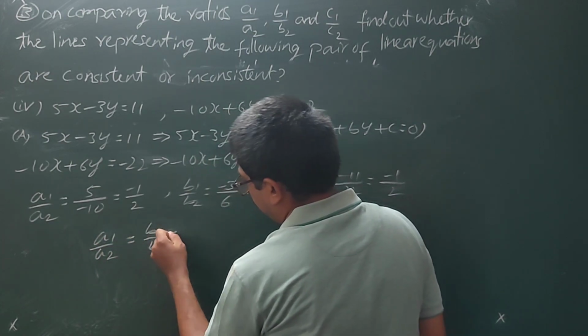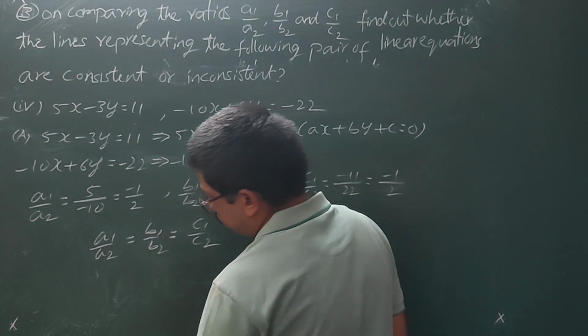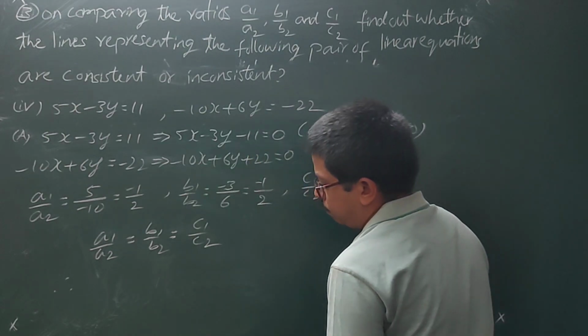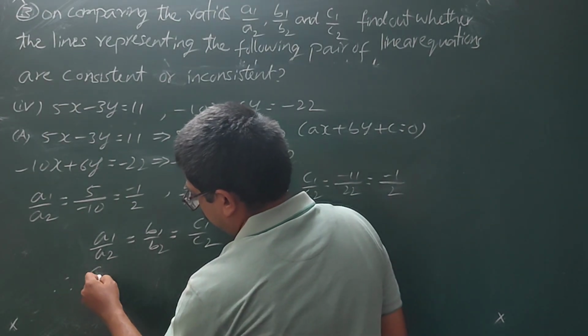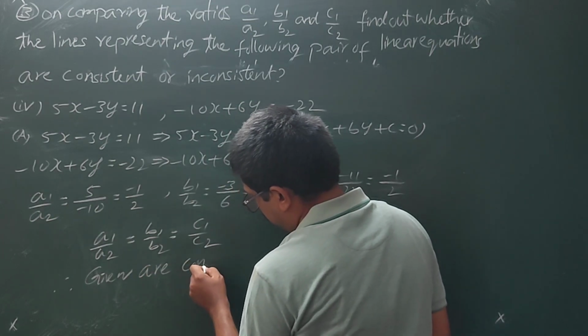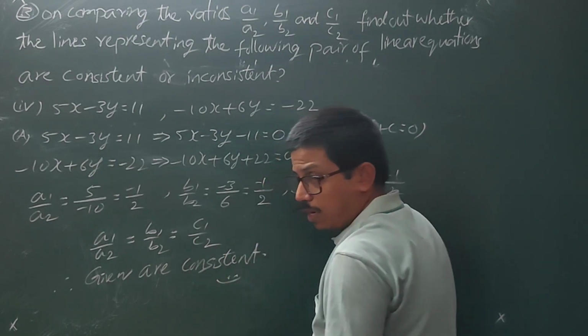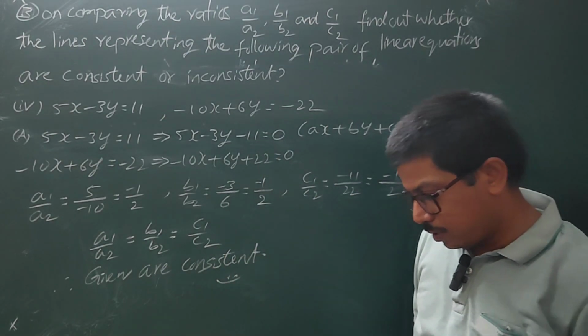We have a1 by a2 equal to b1 by b2 equal to c1 by c2. So all the three ratios are equal and the given equations are consistent, and these lines coincide with each other.